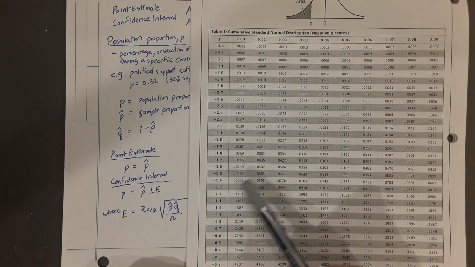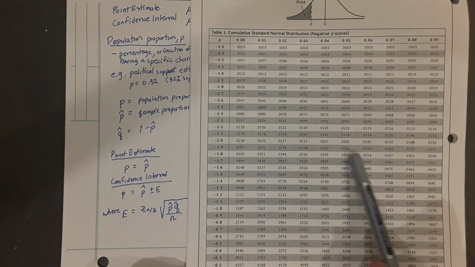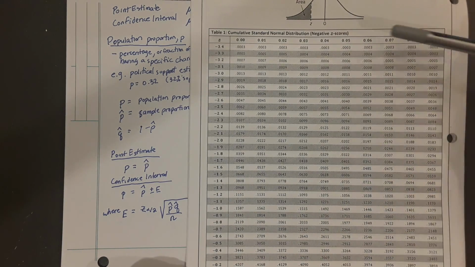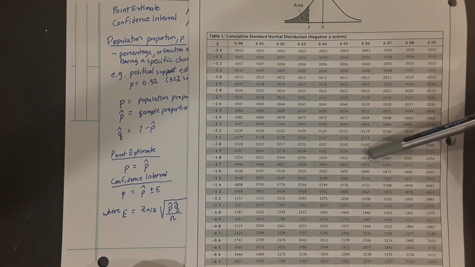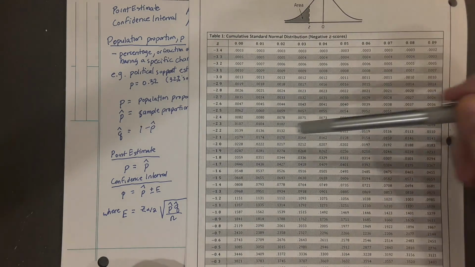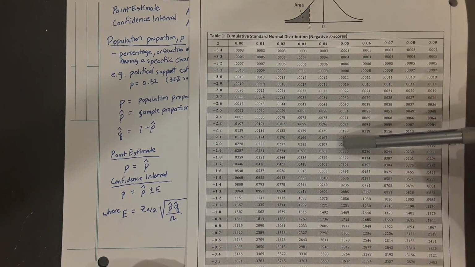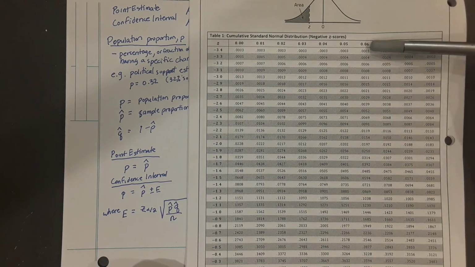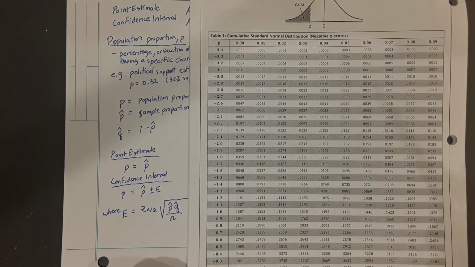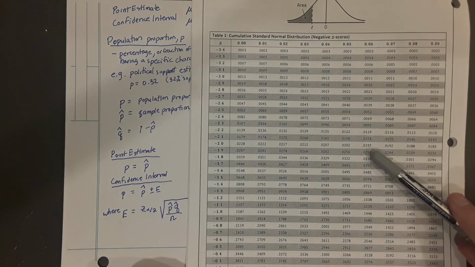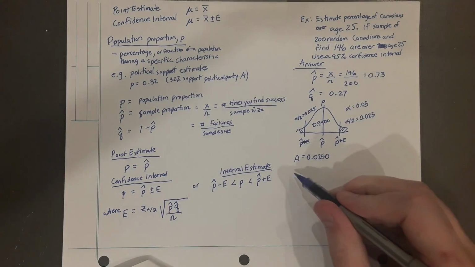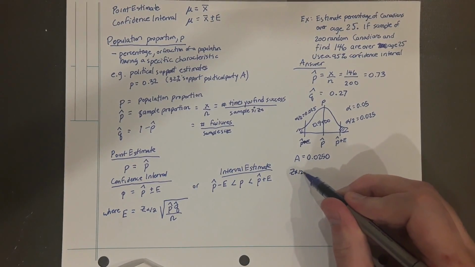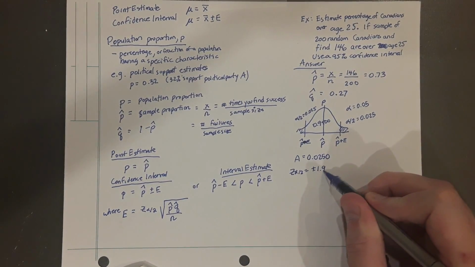If we look at the intersection where the area 0.025 occurs on the table, we find it is at minus 1.96. So that's for the area 0.0250. The z-score for that value is plus or minus 1.96.